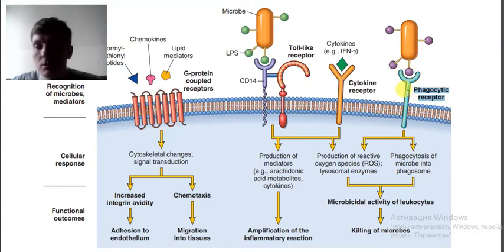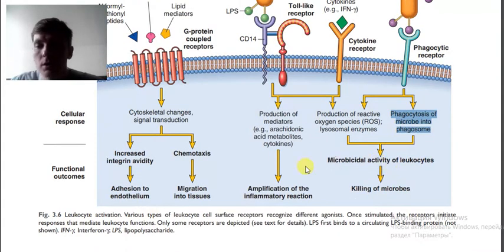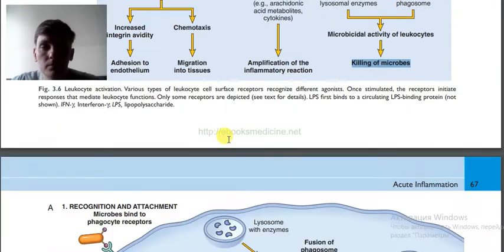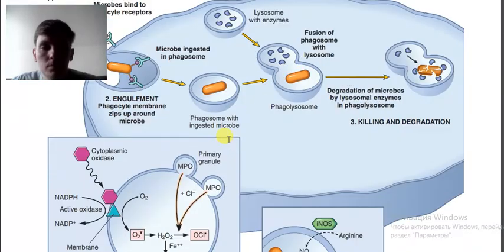Activation of this receptor causes invagination of the cell membrane and descending it into the depth of the cytoplasm. Then phagocytosis goes into the phagosome, and the same activity, microbicidal activity, killing of microbes. So that's the main idea. Let's continue.